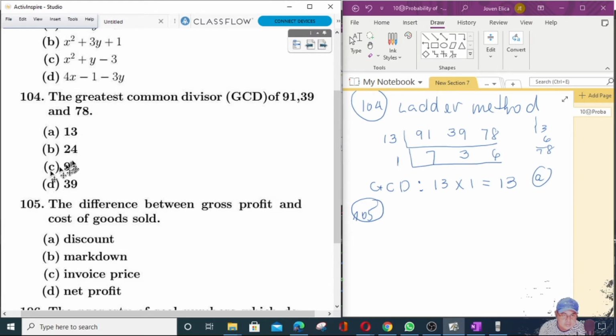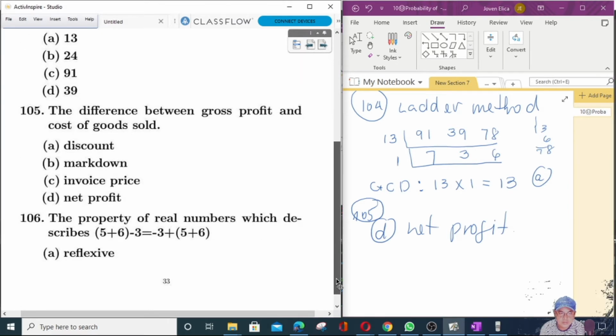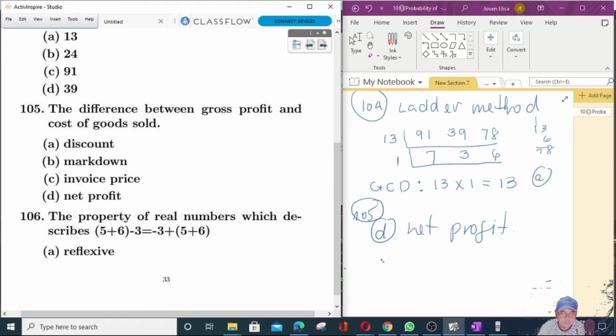The difference, gross profit, so the answer is letter D, the net profit. Net profit is just the difference between gross profit minus cost of goods. So you also have to take note of the definition.